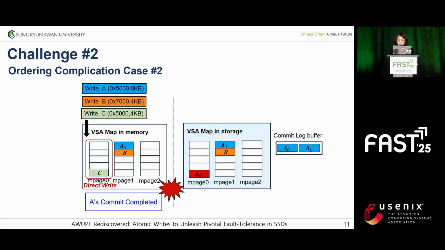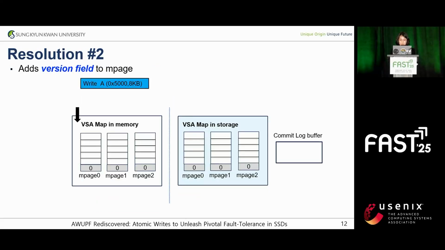This leads to data inconsistency, as the most recent write operation is undone by an outdated commit log. To address this issue, we introduced a version number for each M-page and incremented the version every time a direct write or commit occurs.